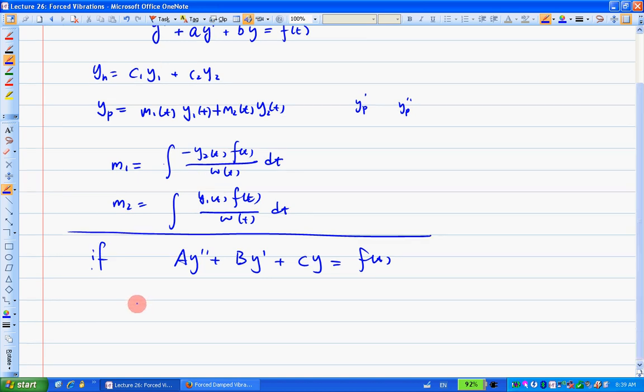So if you do that, actually what you can end up with is this. So m1 of t equal to, bottom here is W of t times A, like this.